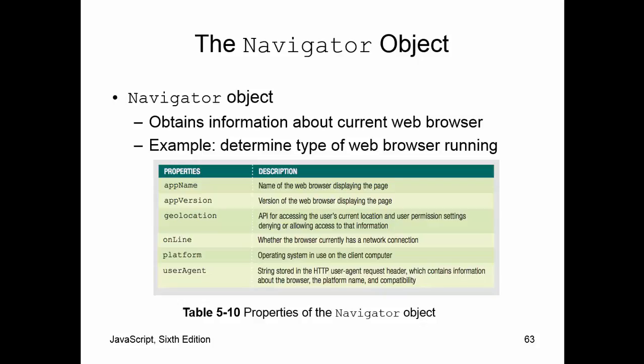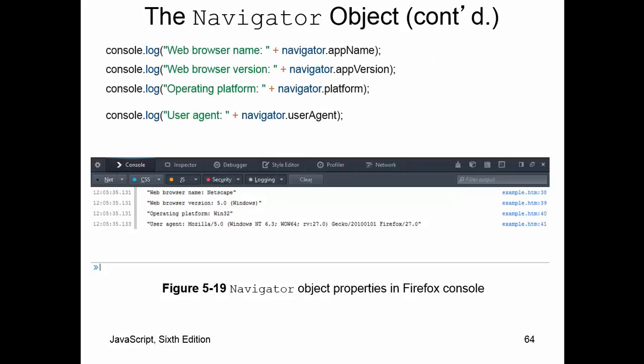You could spend all of your time trying to write code for every version of every browser there was, but that would probably be hundreds of things you'd have to account for. Here's an example of how it can be used.